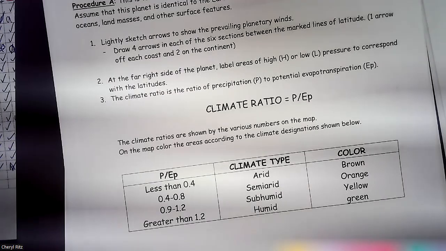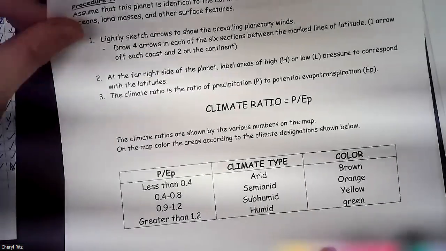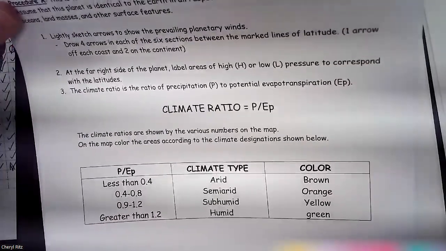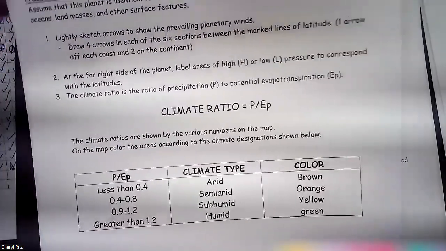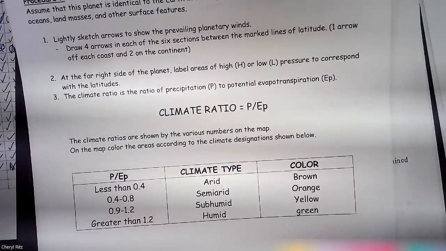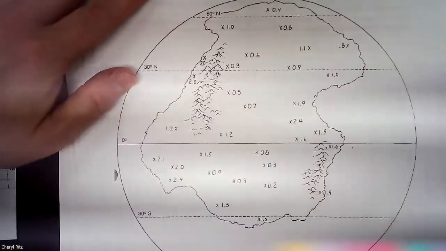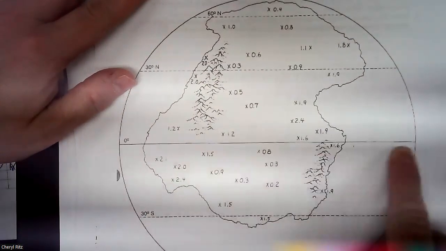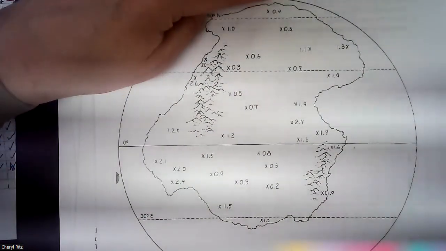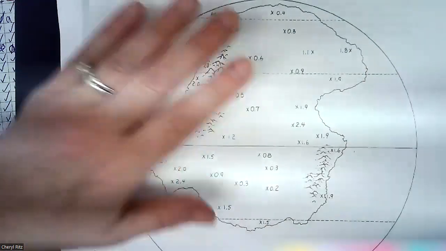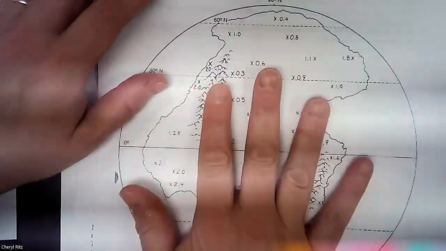This is to be completed on the large diagram of an imaginary Earth-like planet. Assume that this planet is identical to Earth in all respects except for the placement of its oceans, land masses, and other surface features. So in other words, this is an Earth-like planet, meaning the equator's hot, the poles are cold. The winds that happen on Earth happen exactly the same here. Everything weather-wise behaves the same way.